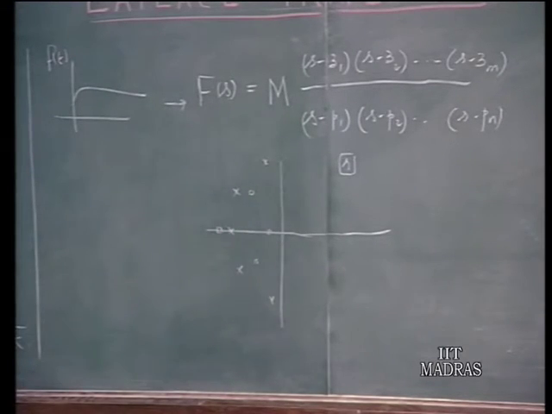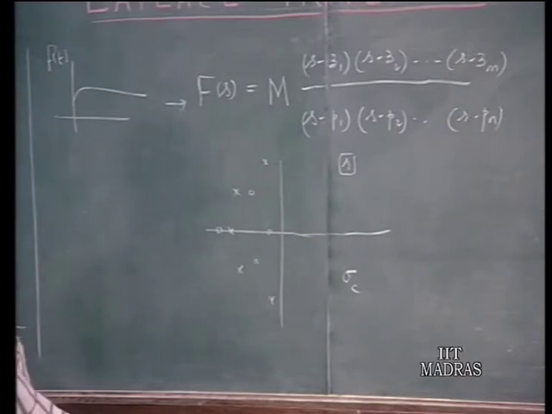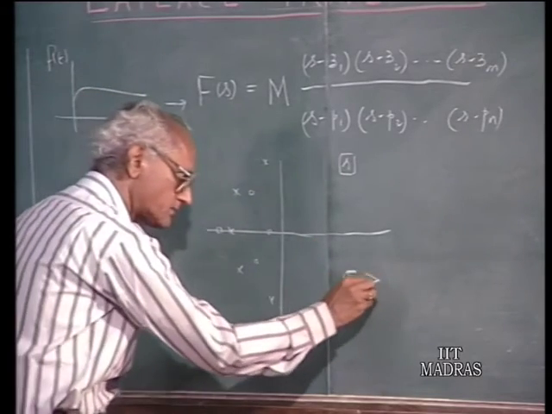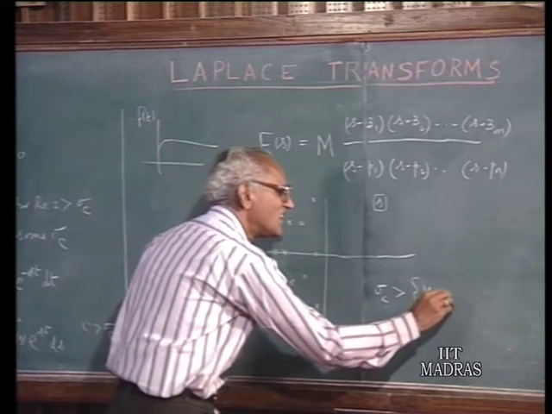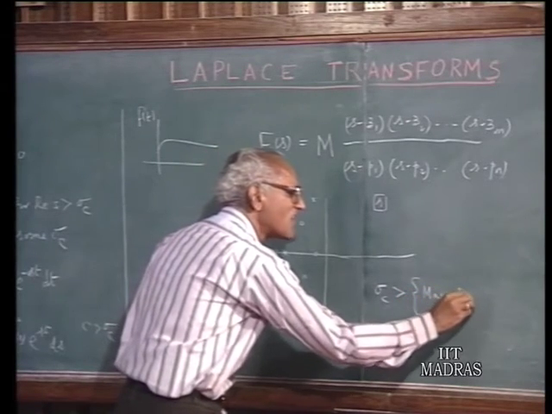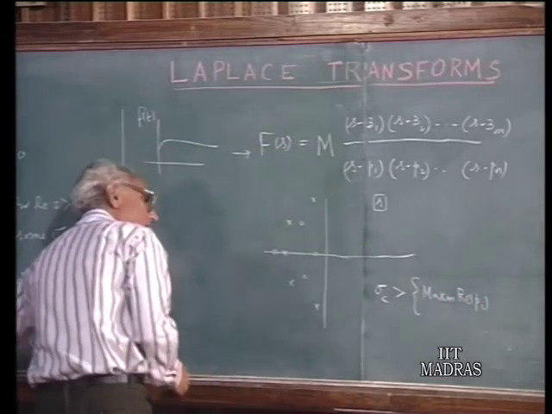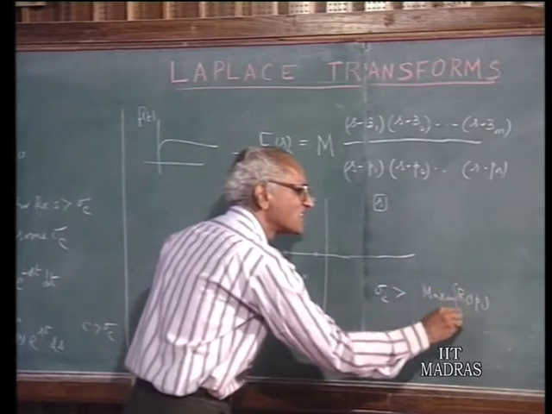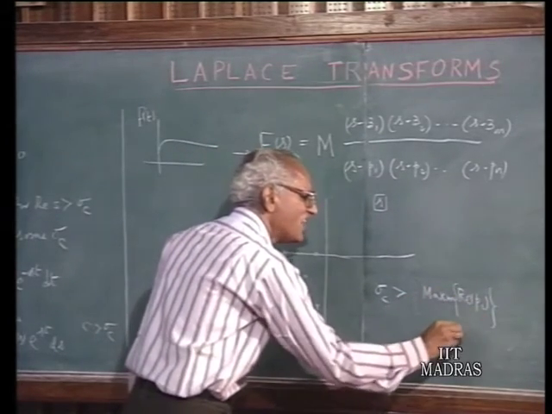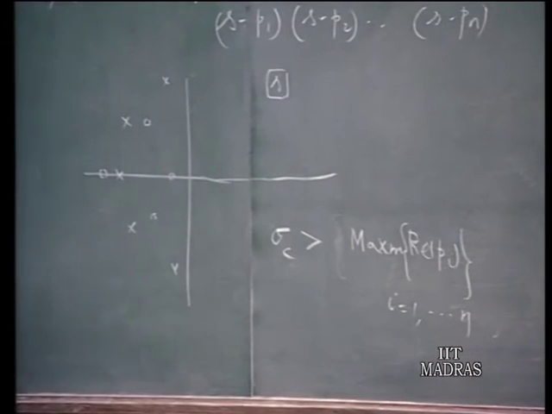And the abscissa of convergence sigma c is larger than the maximum value of the real part of p i. So whatever the p i you are having, the maximum value of the real part of p i, i from 1 to n, will define the abscissa of convergence.